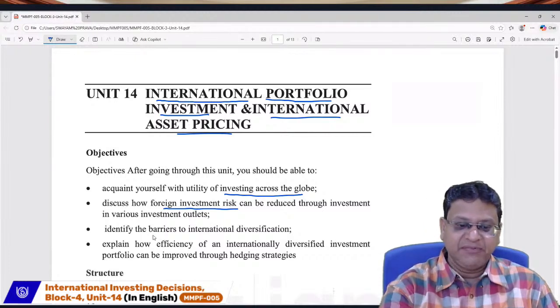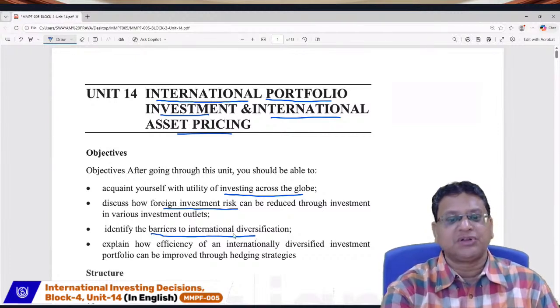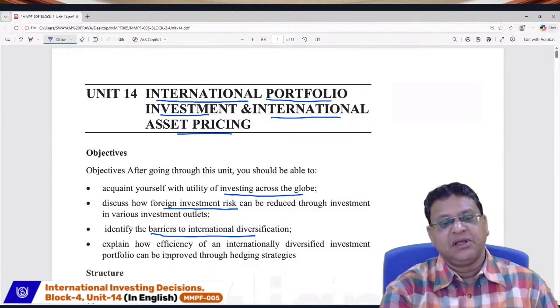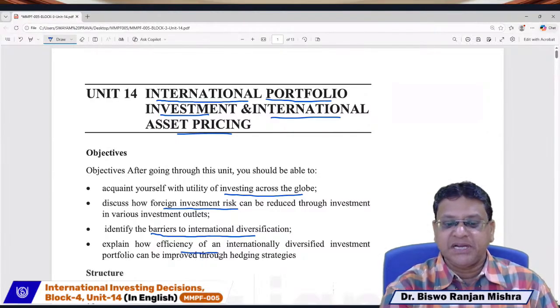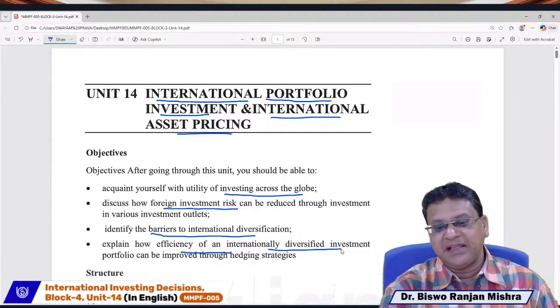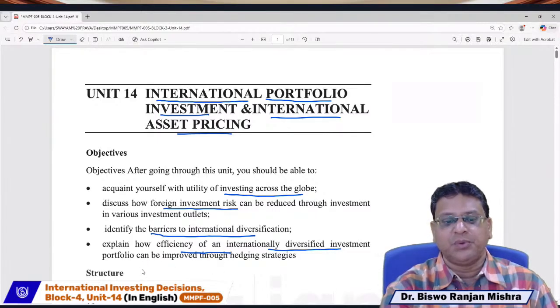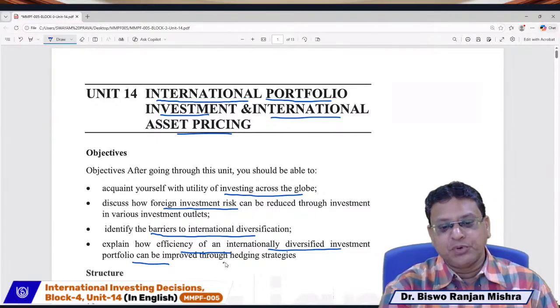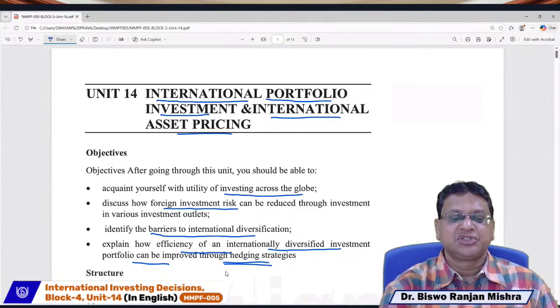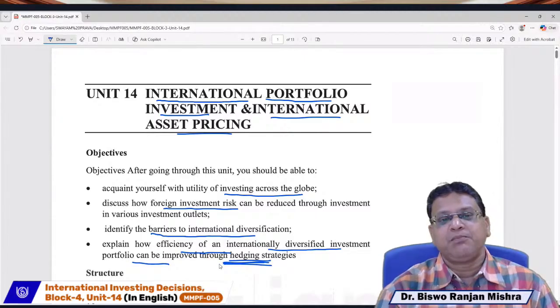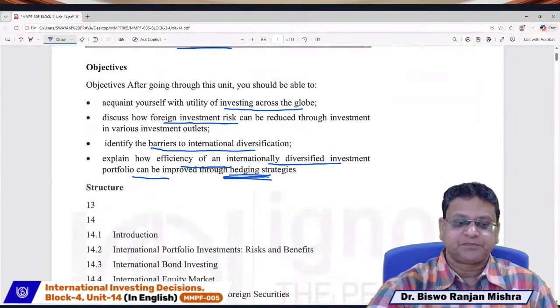You can identify different barriers to international diversification, and you can know how an internationally diversified investment portfolio can be improved through hedging strategy. So we can know different hedging strategies with the help of international portfolio investment.